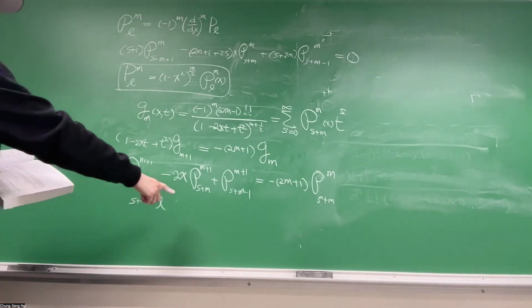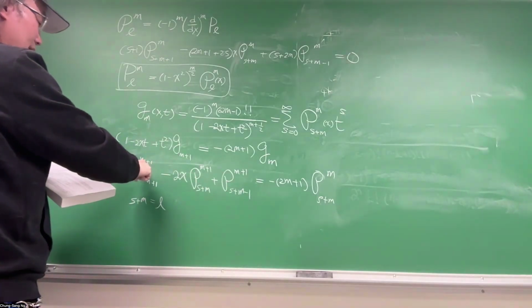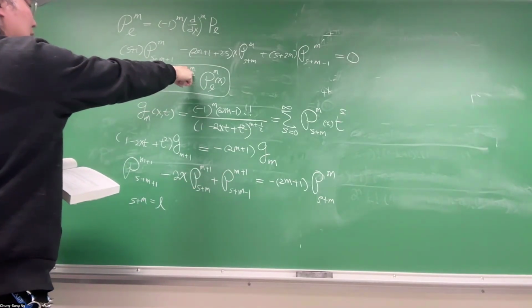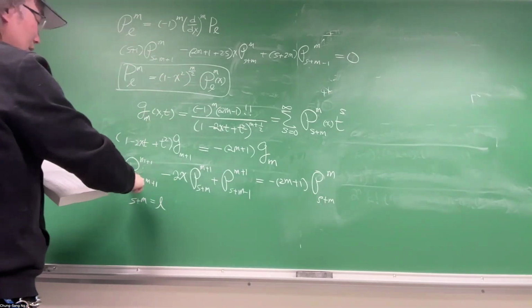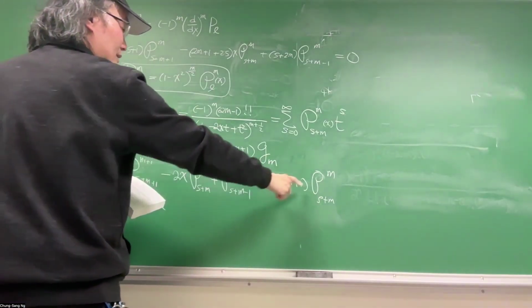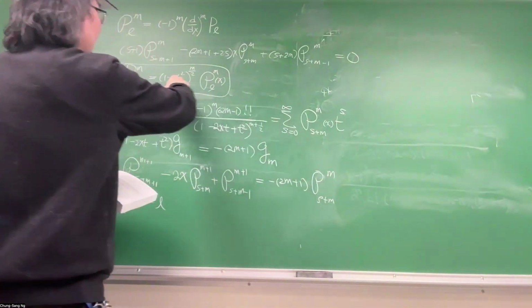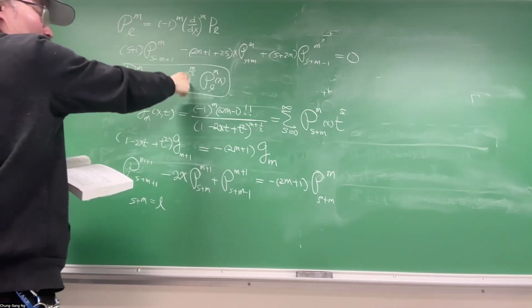But not this one. Because this involves m plus 1, you need to divide by (1 minus x squared) to the m plus 1 over 2 to convert to this capital P, right? But this one's m, so it's divided by the other factor, 1 minus x squared to the m over 2.